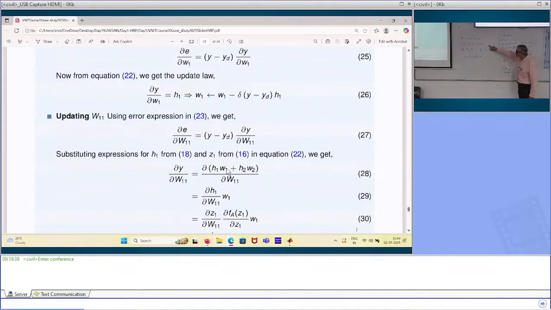z2 में w11 है? नहीं. So h2 में भी नहीं है. So when we take the derivative, we are only left with h1. So we do that, and then this is a chain rule, right? I take z1 on w11 and then take the derivative of that thing with respect to z1. So it is a chain rule. Okay? And you can do that. Now where do I end up?